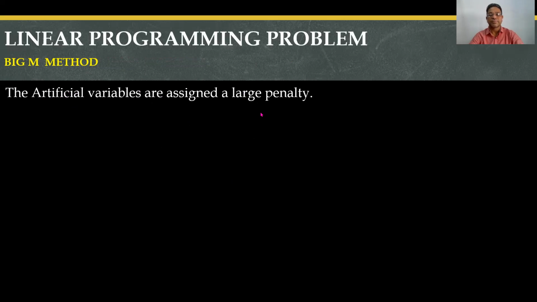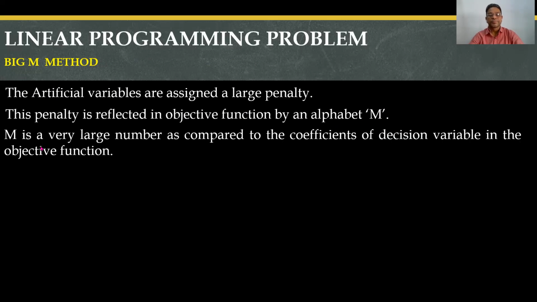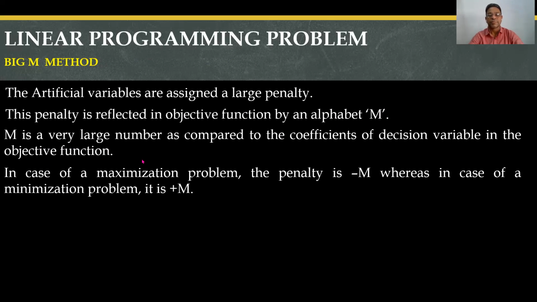It is a very large penalty, and this penalty is represented by the letter M, and that is why the method is called big M. Big because it is a huge penalty, and it is given to the artificial variable in the form of the letter M. So it will be plus M or minus M, and this M will be a huge or big number. M is a very large number as compared to the coefficients of the decision variables in the objective function.